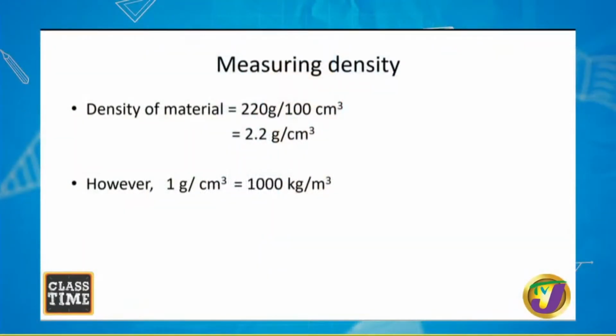Now, I would want you to try to show that 1 gram per cm cubed is equivalent to 1,000 kilograms per meter cubed. It might look strange to you, because you're told that when moving from a smaller unit to a larger unit, you divide. So how come a quantity in kilogram per meter cubed is a bigger number?